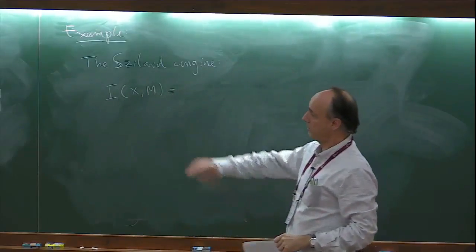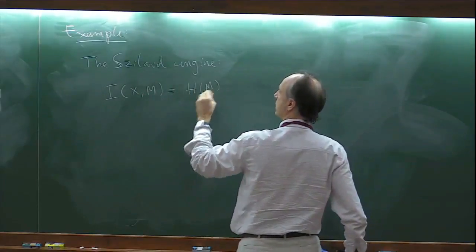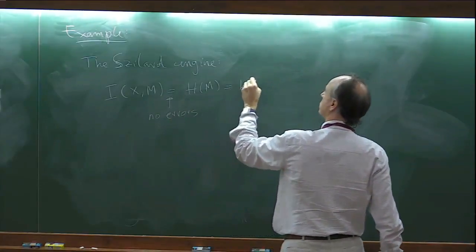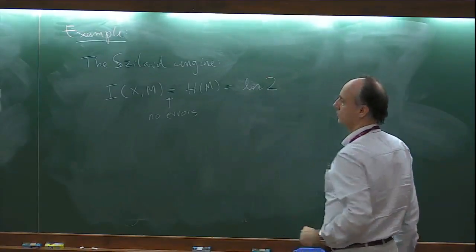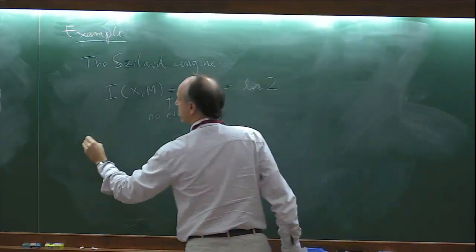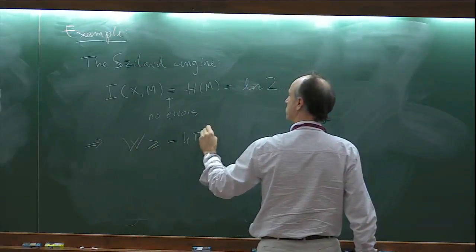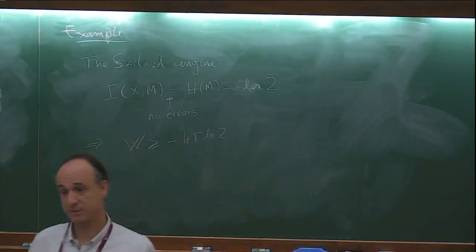Remember that if there is no error, this is the entropy of M, and this is kT log 2. Sorry, this is log 2. So the work we can extract is, well, the work is bigger than minus kT log 2. And the Szilard protocol meets the equality, because everything is done reversibly, and we can do it reversibly.